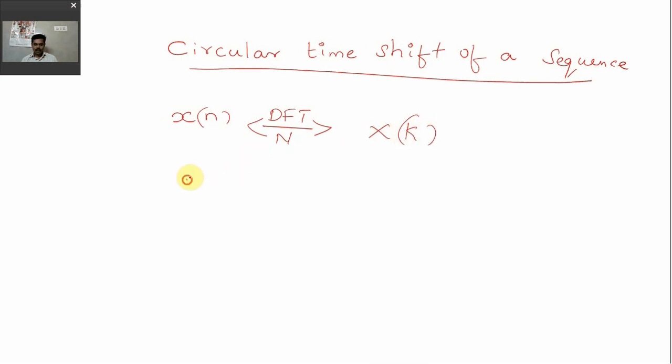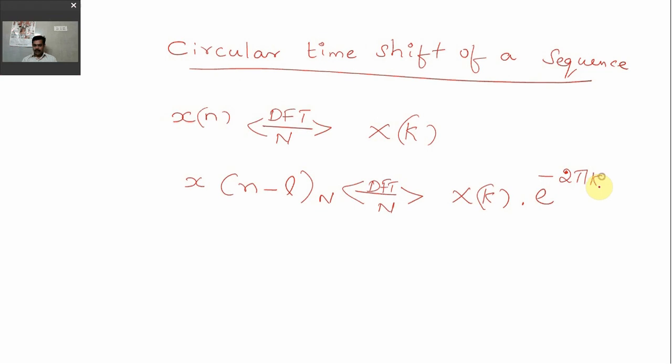Then x of n minus L, that is, we are going to time shift a sequence by L samples, is nothing but X of k into e to the power minus j 2 pi k L by N.